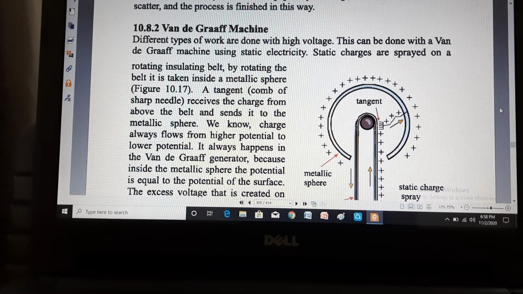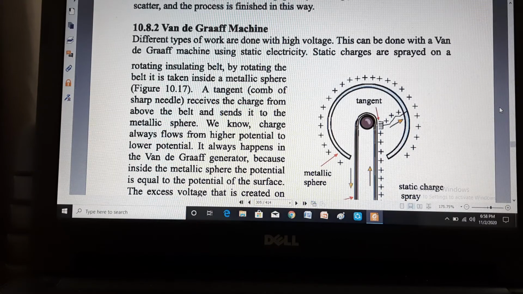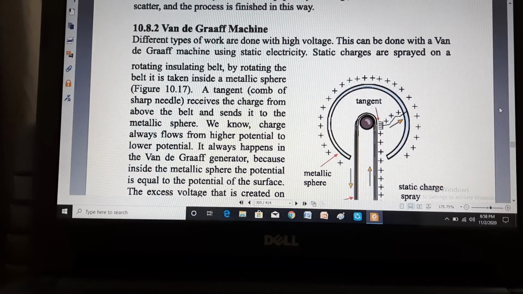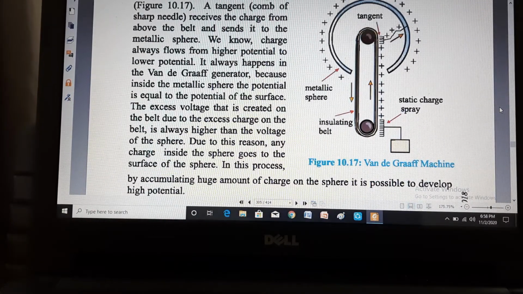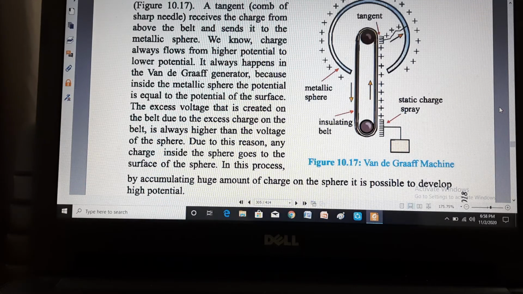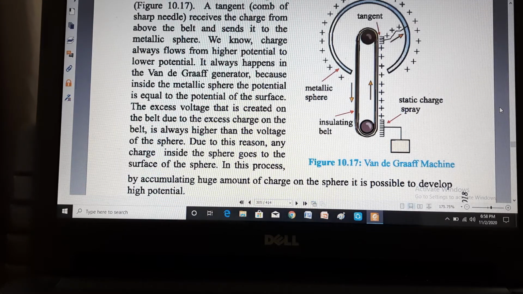potential of the surface. The excess voltage that is created on the belt due to the excess charge on the belt is always higher than the voltage of the sphere.